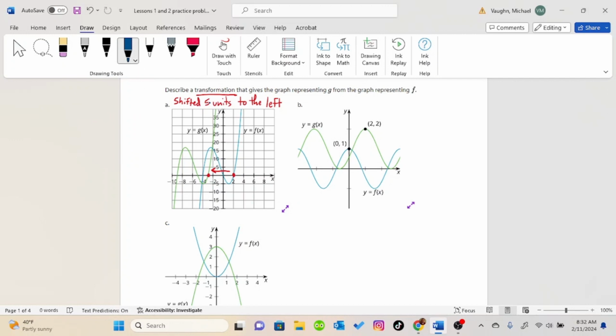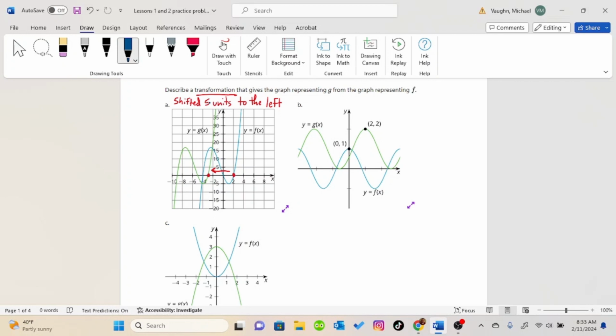Now we can look at B. As we look at this one, the bottom graph is F, and they want to know what we did to get the top graph, which is G. And they've identified 2 points for us here. The first one at the peak, where it is 0, 1 on the y-axis, and the other where it is 2, 2 at the peak.